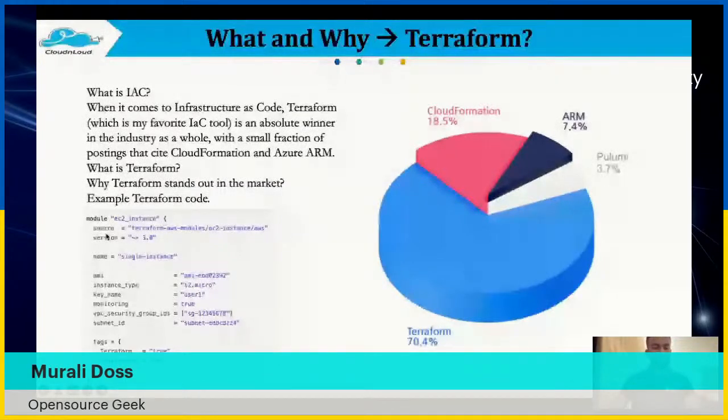In this way, if you declare an EC2 instance, which is the virtual machine in AWS, and you simply apply this code, it will spin up an EC2 instance in AWS. See how cool and how quick it is. The coolest thing about infrastructure as code is we can reuse it as many times as we want.